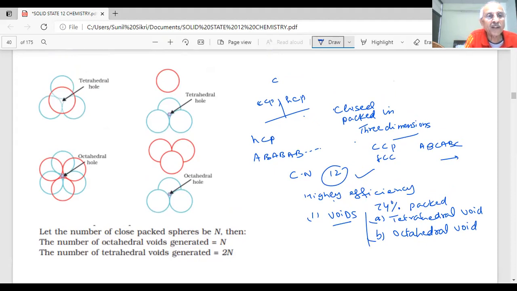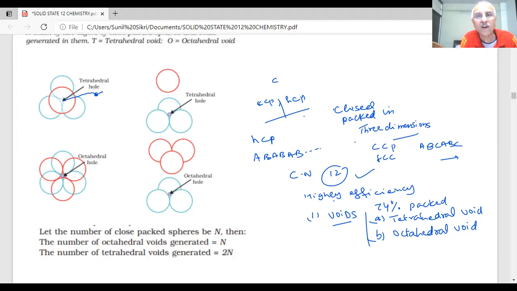A tetrahedral void is formed by four spheres. There are three atoms in a triangle and one on top of that. This is a tetrahedral void. An octahedral void is formed by six spheres, three on this side and three on the other.